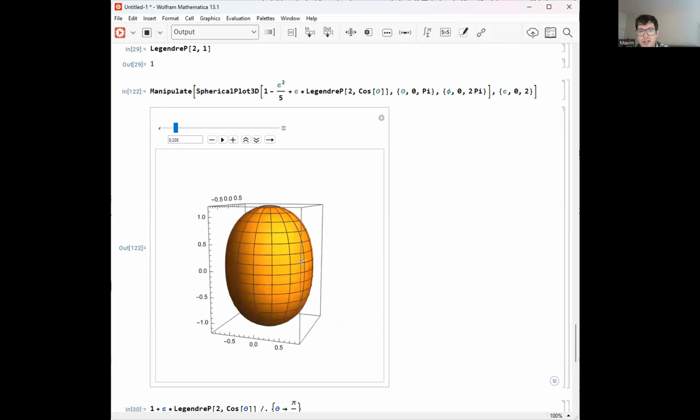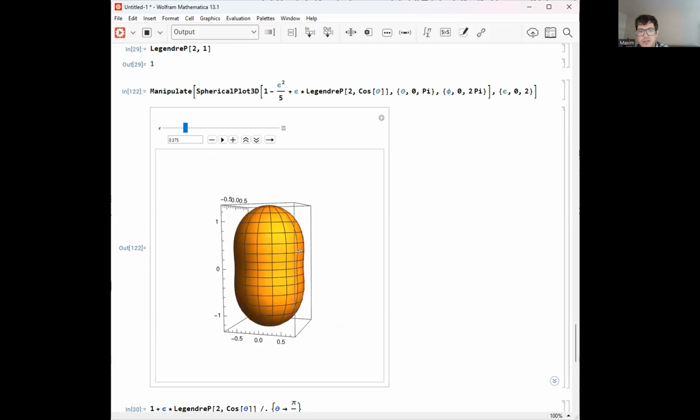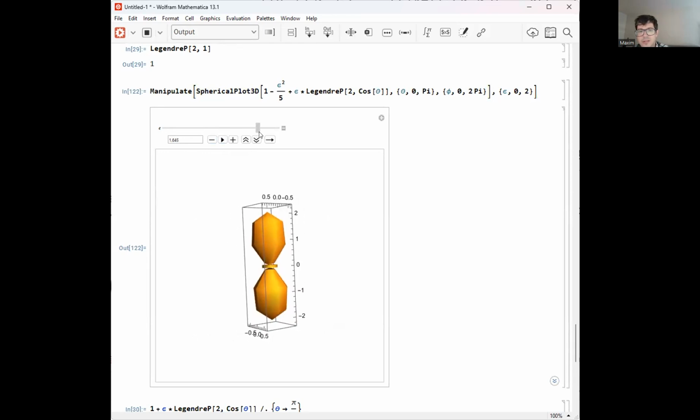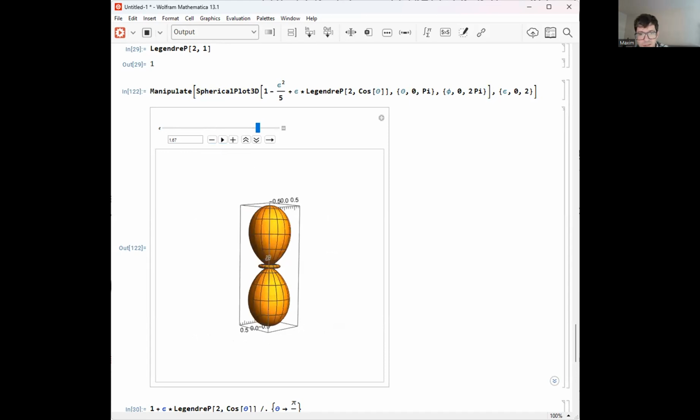And as you start cranking it up, it'll start to develop a little valley here. And then start to pinch. I think I went too far. So it's starting to do something bad here. Epsilon should never get this big. I have it at 1.67 or something. But you see it'll pinch off, basically.